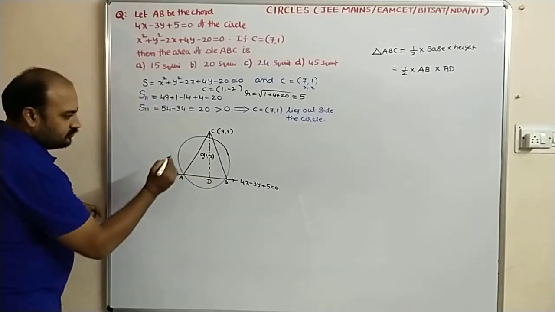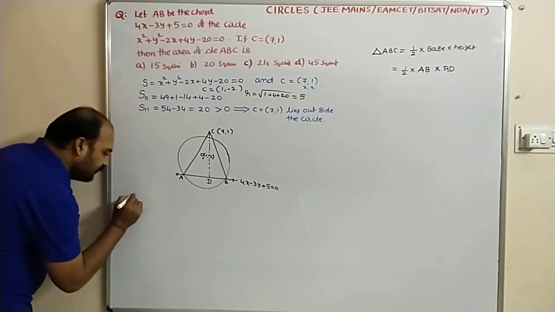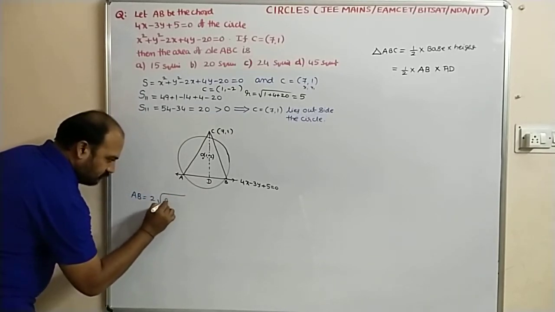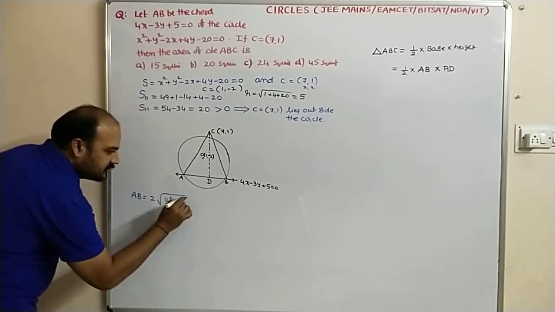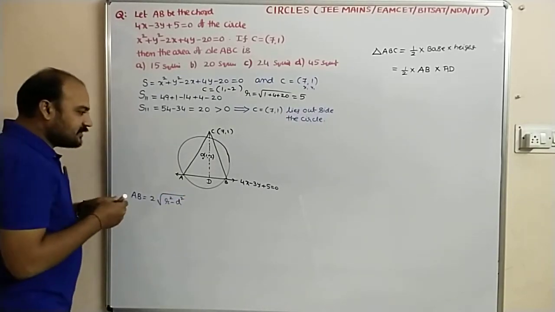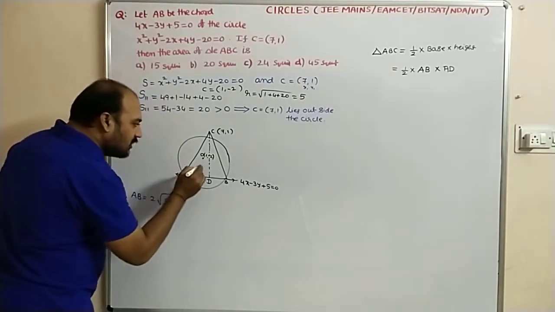Therefore, the length of chord AB is equal to 2 into root of R square minus D square. What is D here? The perpendicular distance from the center of the circle to the line.